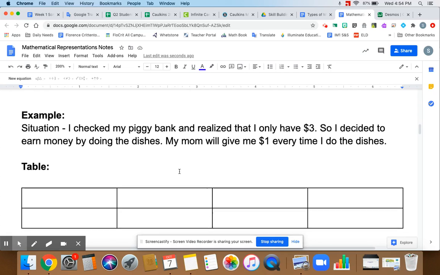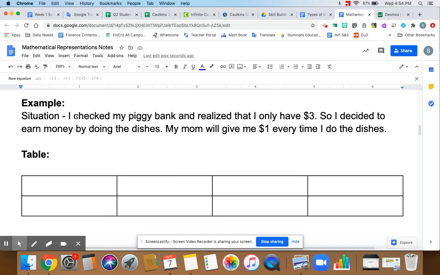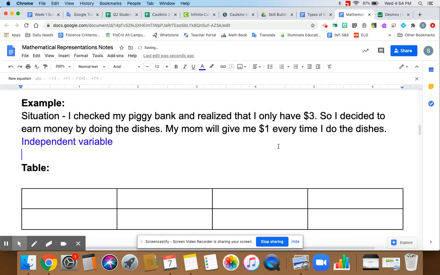Here's the situation I have. Here's an example. The situation is telling me that I checked my piggy bank and I realized that I only have $3. So I decided to earn money by doing the dishes. My mom's going to give me $1 every time I do the dishes. Well, to make sure this is a mathematical situation, I need to have an independent variable and a dependent variable.